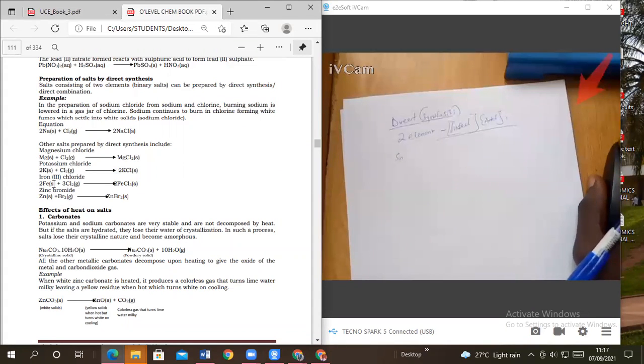Just fuse iron, pass it through heated chlorine, you will form iron 3 chloride. Elizabeth, are you getting it? Yes, teacher, we must use a chloride. Yes, if you want a chloride salt, use a chloride. If you want a bromide salt, use bromine.